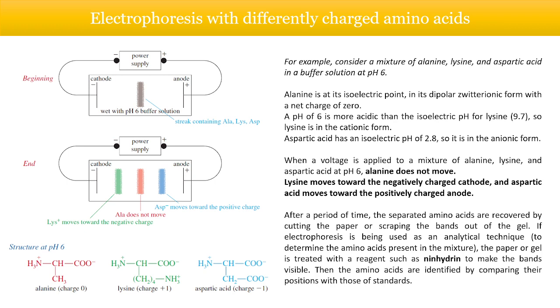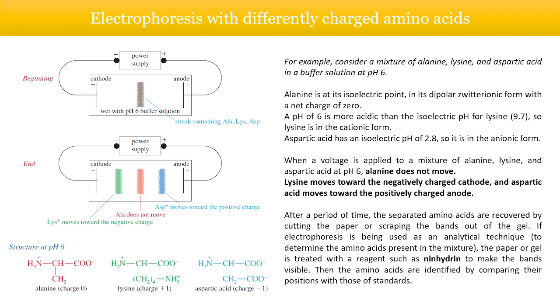When the pI is less than the pH, the pI has to go up to reach that pH, and on going up to reach that pH, it will be negatively charged. Therefore the pI of aspartic acid is less than the pH that we are providing, that is 6, so aspartic acid would be negatively charged and would move towards the positive electrode, that is the anode.